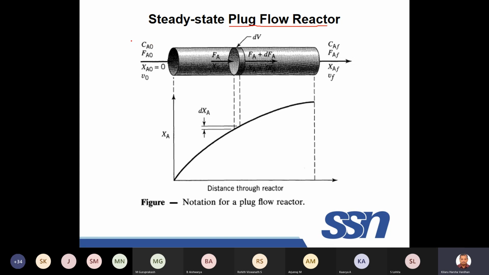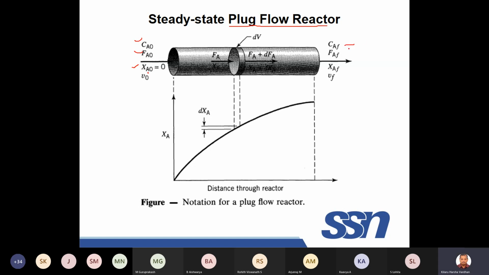So the input, let it be Ca naught, that is the initial concentration. Fa naught is the initial molar flow rate. Xa naught is the initial conversion. I am writing for only A, that is one reactant. V naught is the volumetric flow rate here.